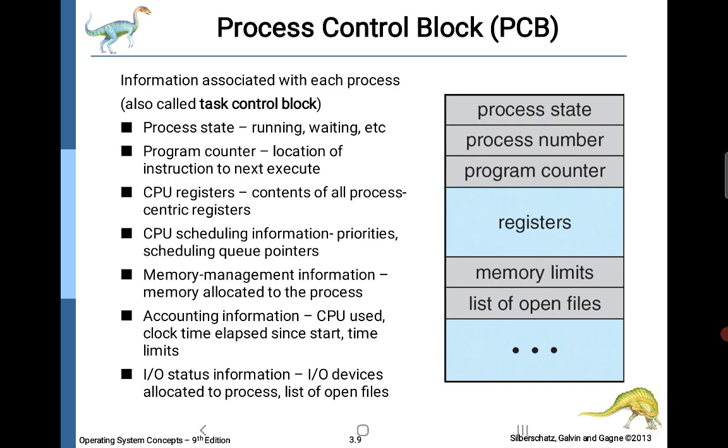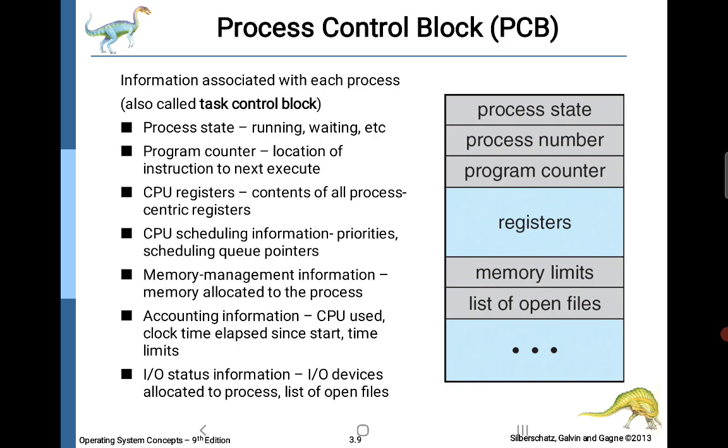The registers are actually the values of the CPU registers where the process stores its variable values while executing. While actual execution, the variable values are stored in the CPU registers, not in the memory. Then the memory limits, that's to tell which part of the memory belongs to this process.